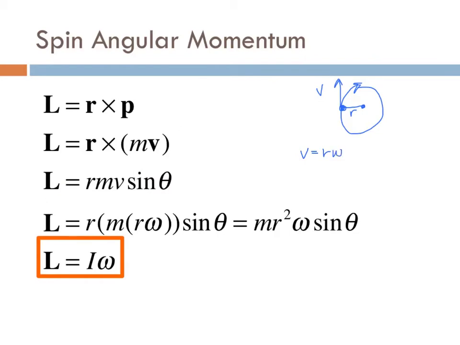If that's true, then I can replace v with r omega. If you look at m r squared times omega, this piece is angular momentum. So for an object moving in a circle, the angular momentum is equal to I times omega, our moment of inertia times our angular speed.